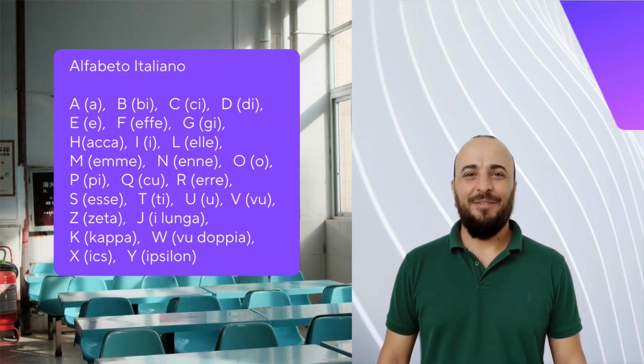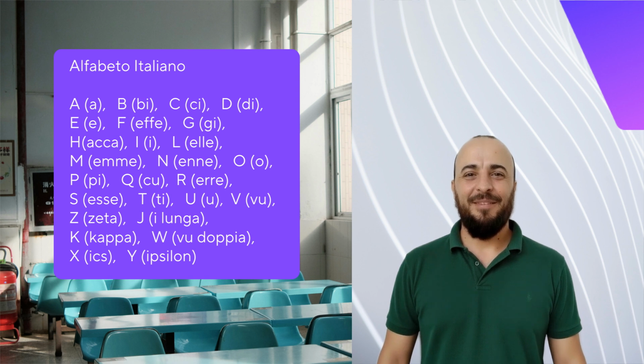Vediamo l'alfabeto italiano. A, B, C, D, E, F, G, H, I, L, M, N, O, P, Q, R, S, T, U, V, Z, I lunga, K, W, X, Y. Ripetiamo ancora.